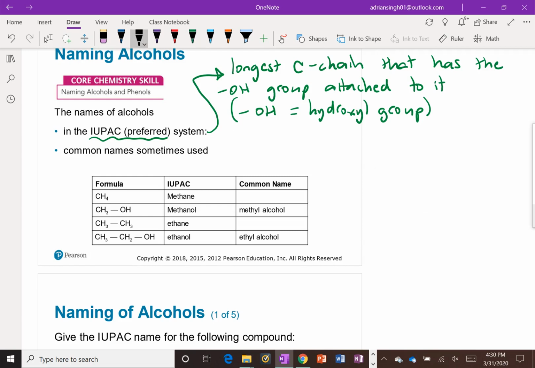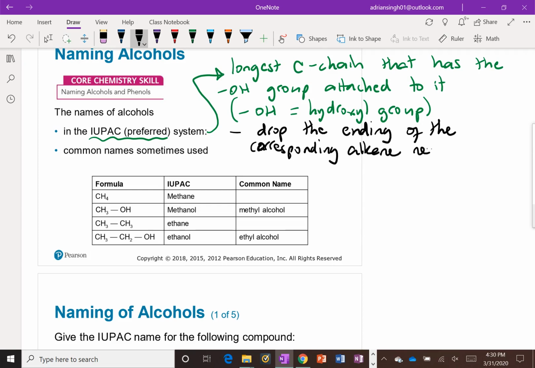And what we're going to do is name that longest carbon chain as a typical alkane. So we're going to drop the ending of the corresponding alkane name, which is the E, and we're going to replace it with OL.